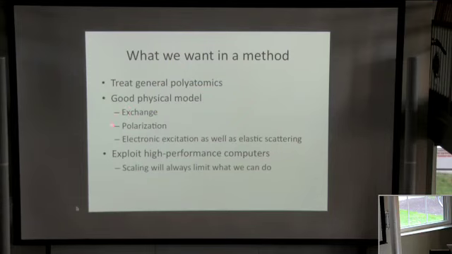We're interested in low energy, so we're interested in exchange. We're interested in low energy, so we're interested in polarization. As Bob mentioned, polarization may not be important in some cases, but when you're colliding electrons off of neutral molecules or molecules in general, it's quite important. And we'd like to be able to get electronic excitation as well as elastic scattering.